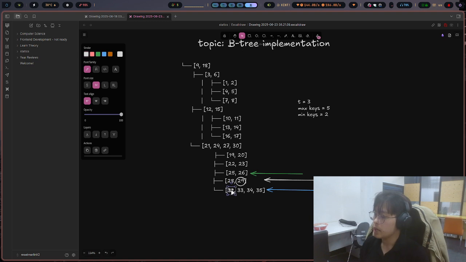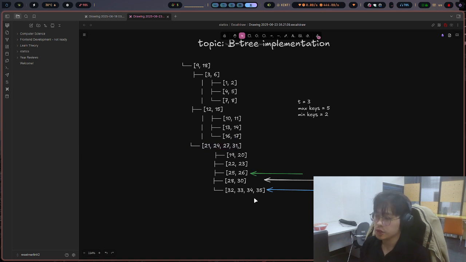The best idea is to go to the parent, put 31 onto the parent, and then let 30 replace the 29. So it's going to be like this. 31 onto this part. Yes, we're good.